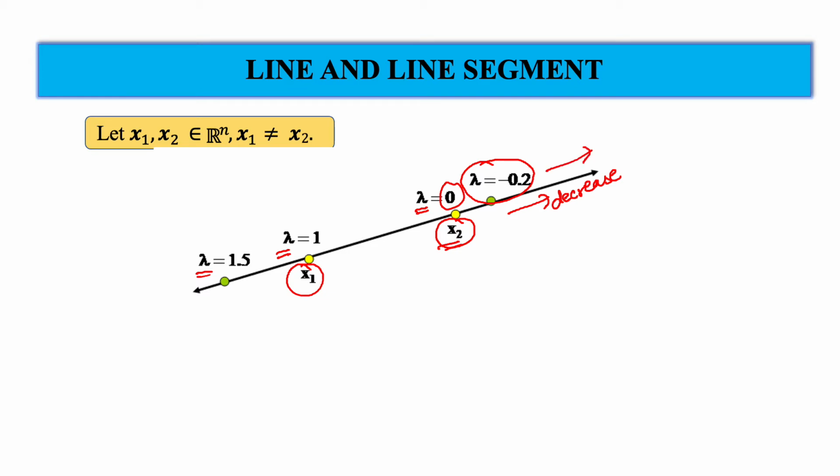Now if you move away from x1 in this direction, the value of lambda increases. So any point on the line will have some real lambda associated with it.